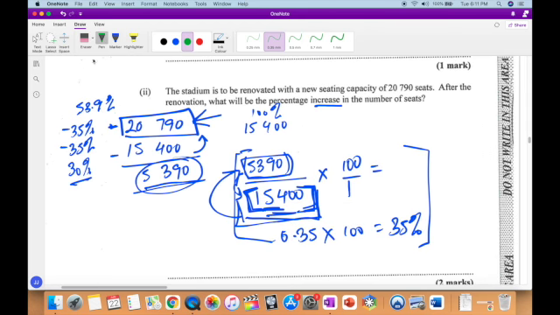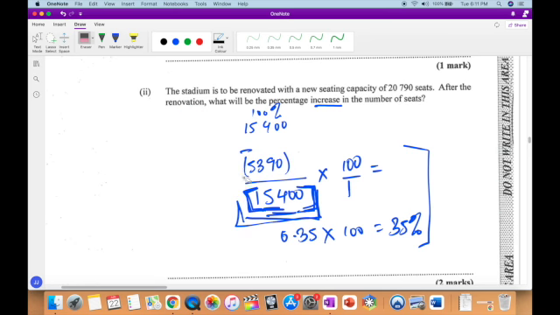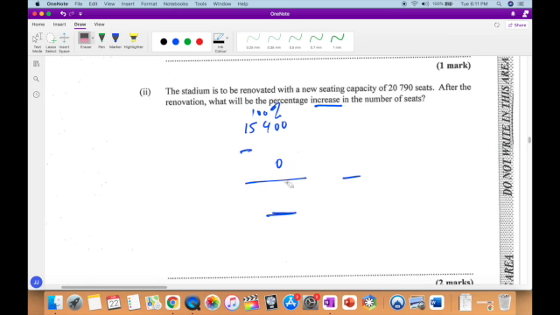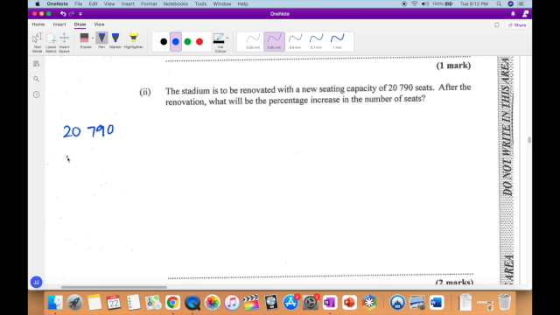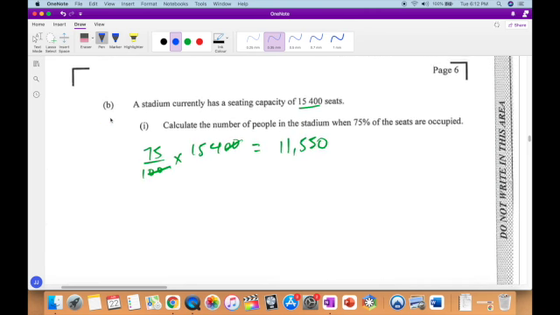And then they were saying here, and I was actually doing some of these questions with another class, so I'll erase all of that. They were saying here that we now have 2790. We used to have 15, how much was it? 400.